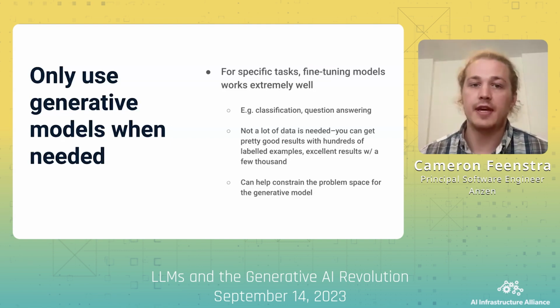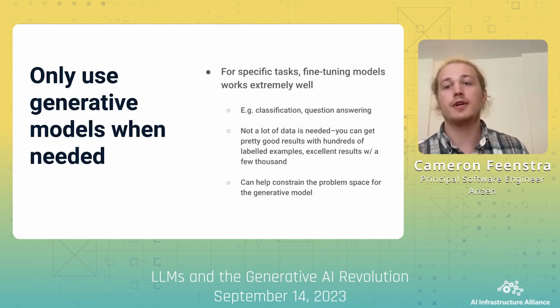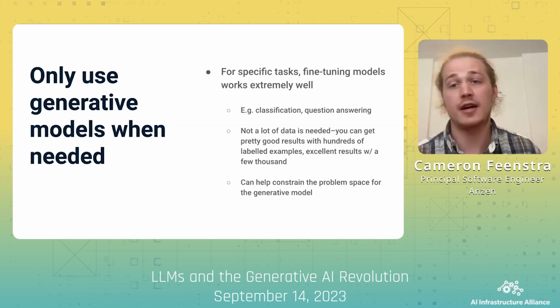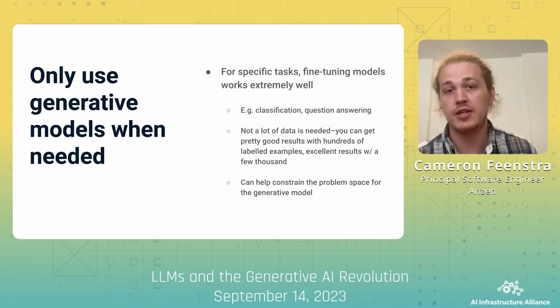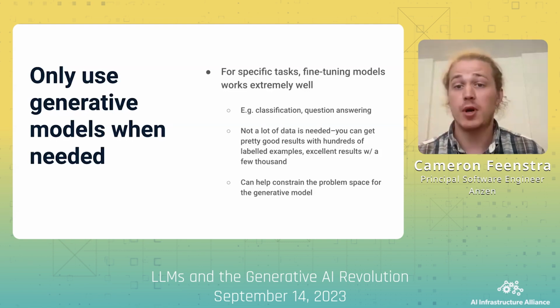To use an example from Anzen, rather than giving the model any document and saying, tell me if this is an insurance application, and if it is, tell me all of this additional information about it, we instead first have a classification model that was trained on a few thousand examples and has really good performance to determine if something is an insurance application.